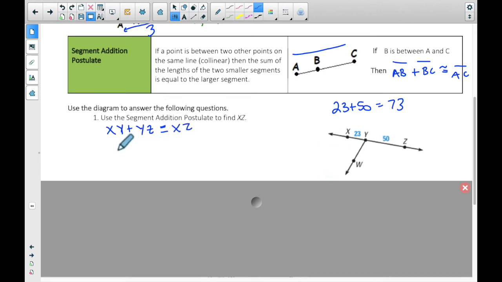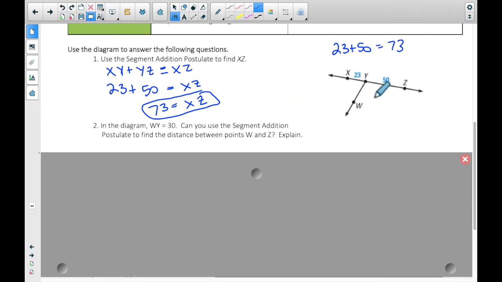We could sub in a 23 for XY and a 50 for YZ, and that would equal XZ. If we add those two together, we get 73 is equal to XZ. That's the more formal way to do it, but I think we can all see it makes sense. That's what it is.